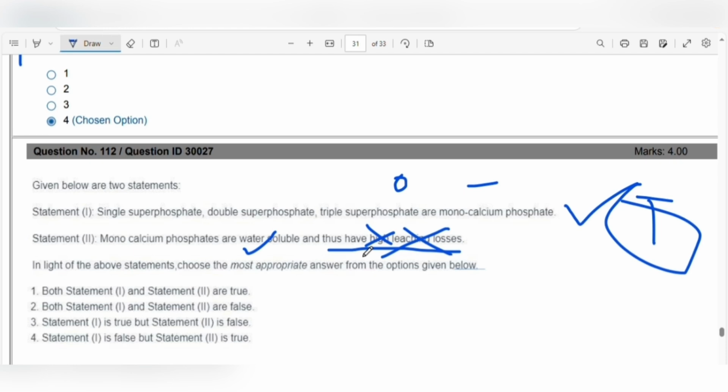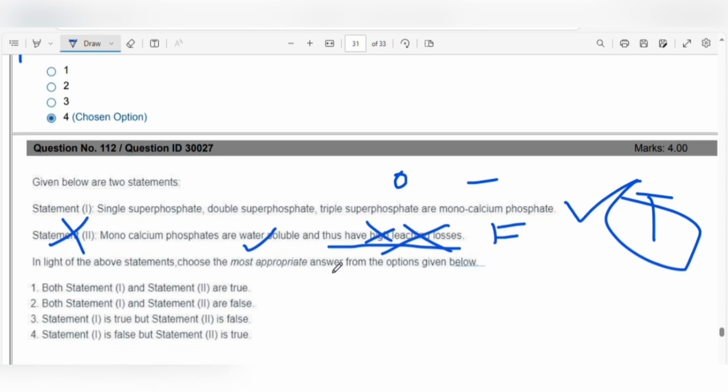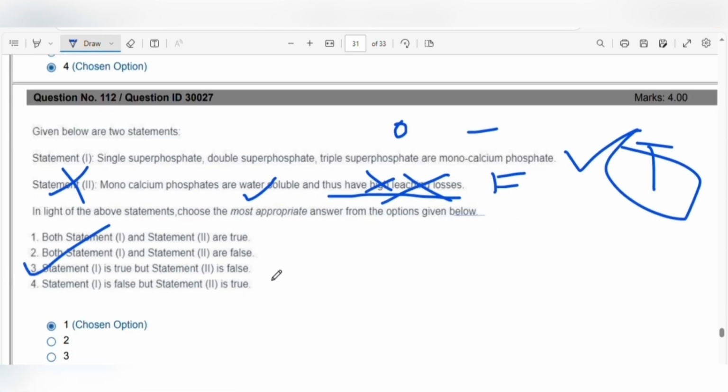So leaching loss of phosphorus is never possible, however soluble monocalcium phosphate is. Statement 2 is false. So the correct answer is option 3, where statement 1 is true but statement 2 is false.